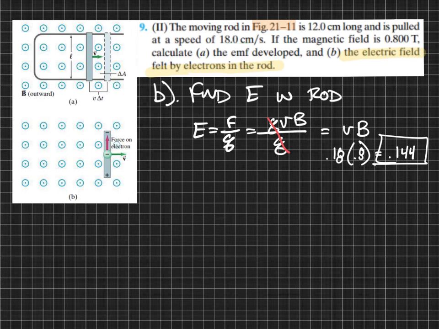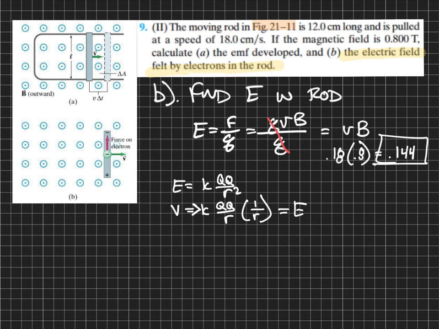for its value. Another way that we can look at this is to ask, what is electric field? Remember, electric field is kQ over R squared, and voltage is kQ over R. So if we take voltage and multiply it by 1 over R, we get electric field.